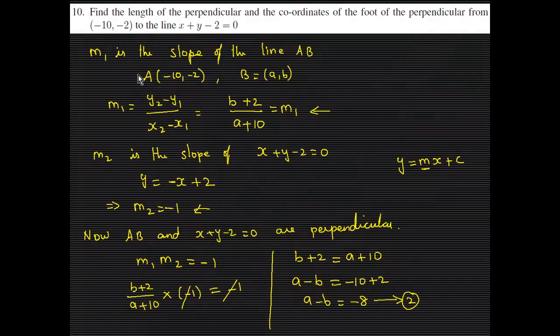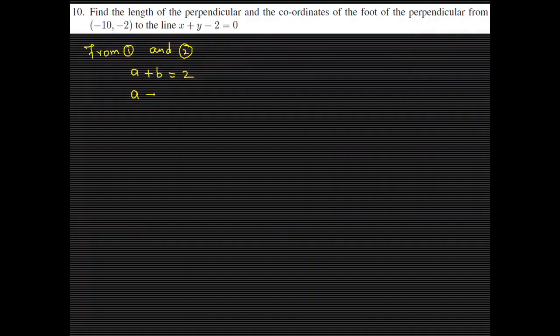Equation 2 is a - b = -8. Plus b and minus b will get cancelled, so 2a is equal to -6. From this, a is -3.